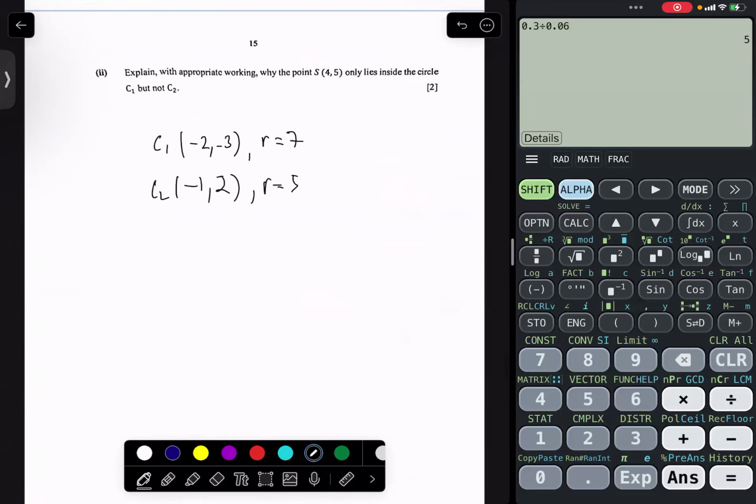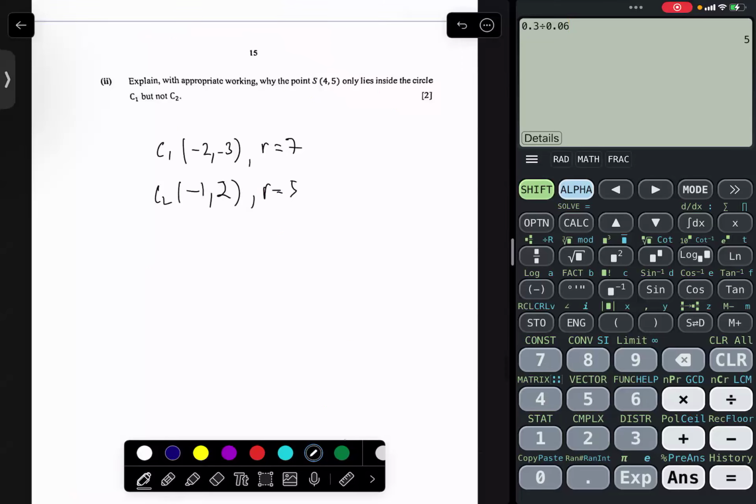Okay, so just take point S to C1, which is equal to the square root of (5 plus 3) squared plus (4 plus 2) squared.